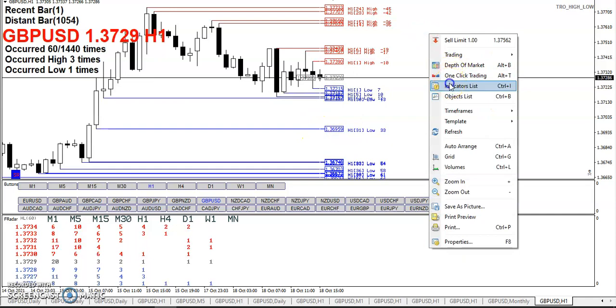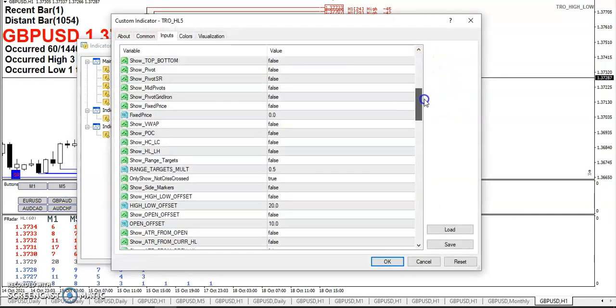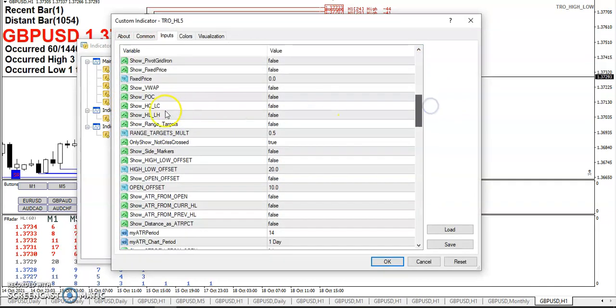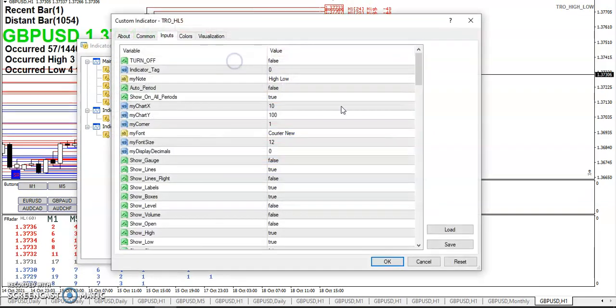Now, of course, with TRO HL5, if we're just showing the high and the low and only show not crisscrossed, see, if we set that to false, then the chart looks like a mess.